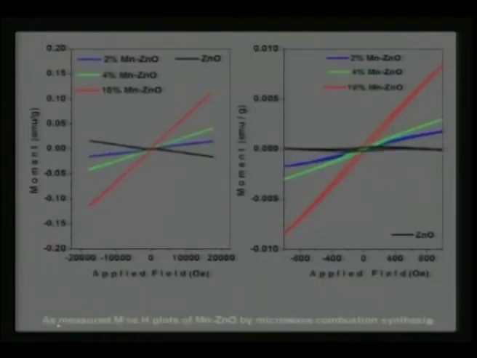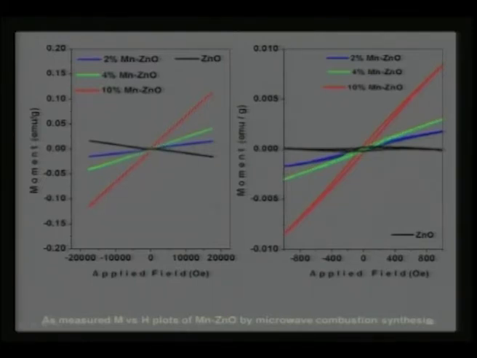Look at the magnetic signatures, as seen here. ZnO is clearly giving a negative slope, so there is no problem. The moment you put 2%, it is turning positive, and then for 4% and then for 10% you can clearly see a loop.